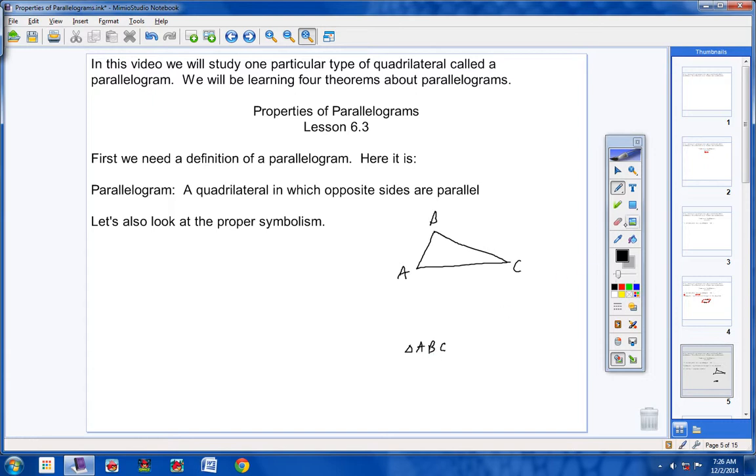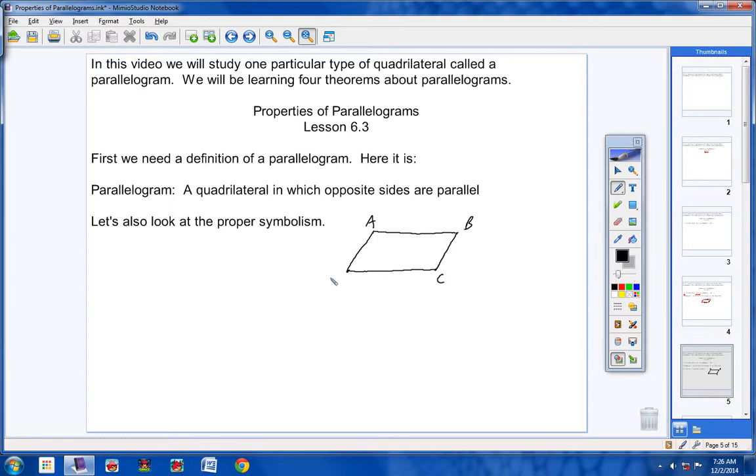Well, there's also some symbolism for parallelograms. Please make note of this, okay? In your notes, let's go ahead and draw a parallelogram if you've not done that already. And let's call this parallelogram ABCD.